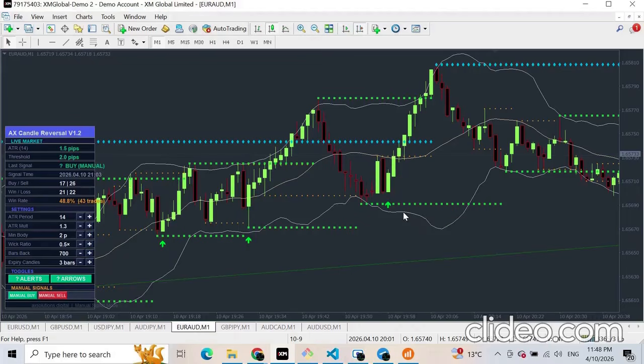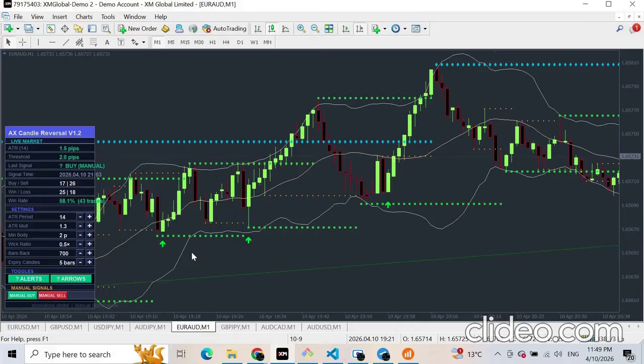Another thing to note is that this indicator does not generate 100% or even 80% win rate. Okay, if you are looking for an indicator with over 80 or 90% win rate, this is not the one. It rarely does that, but that's very rare.